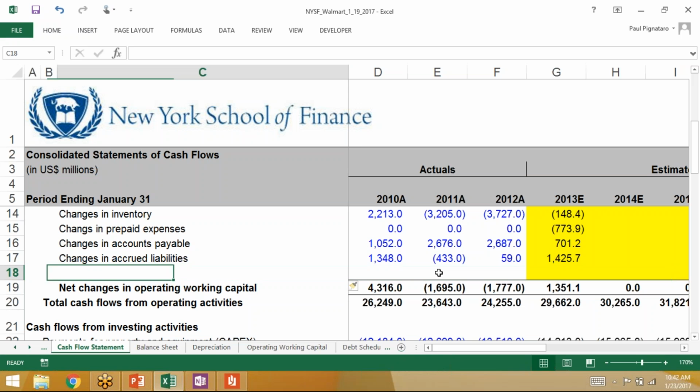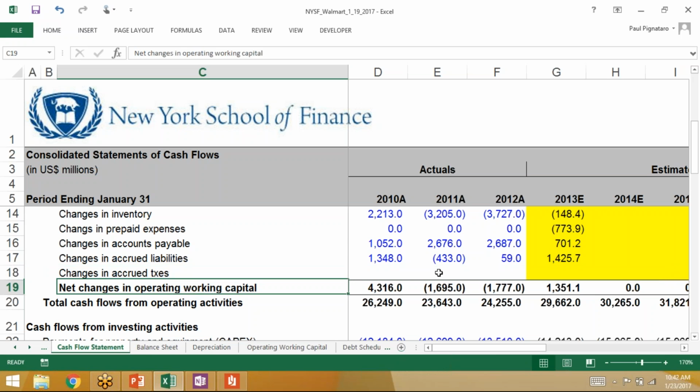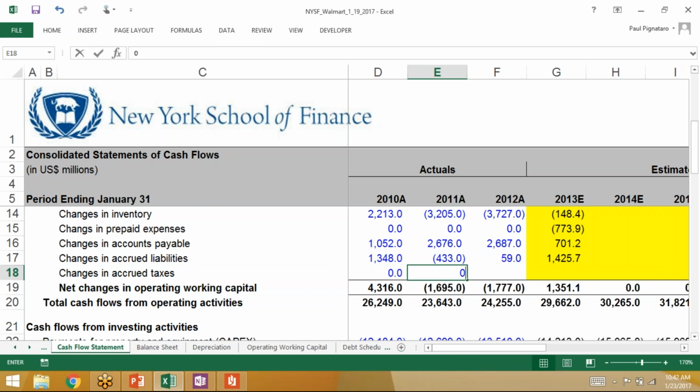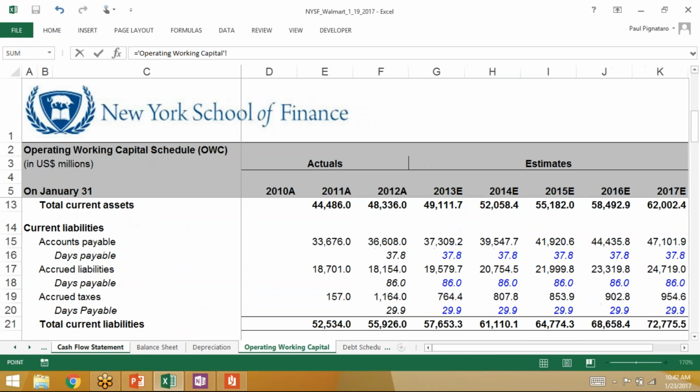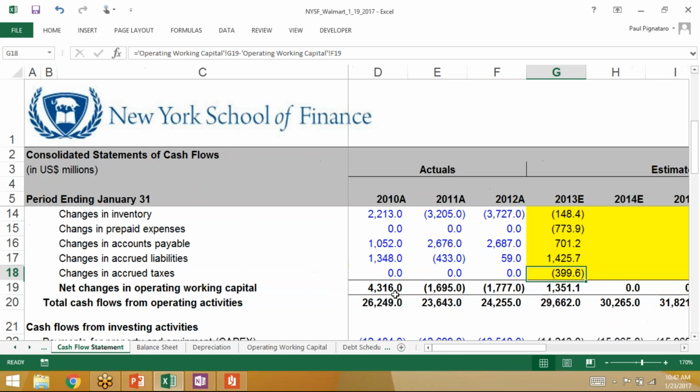Let's do that. Changes in accrued taxes. Zero. 3 zeros. And then I did the change. This year minus last year, okay? And now because we did some row adding, just want to make sure that everything totals appropriately.